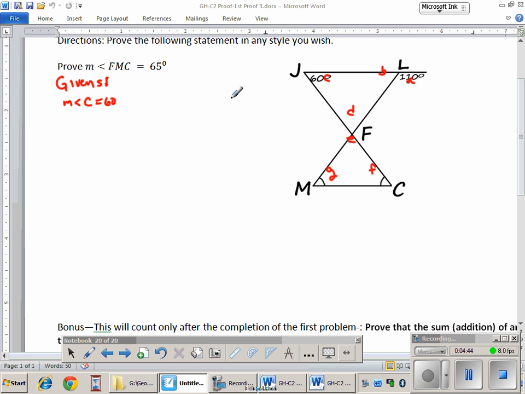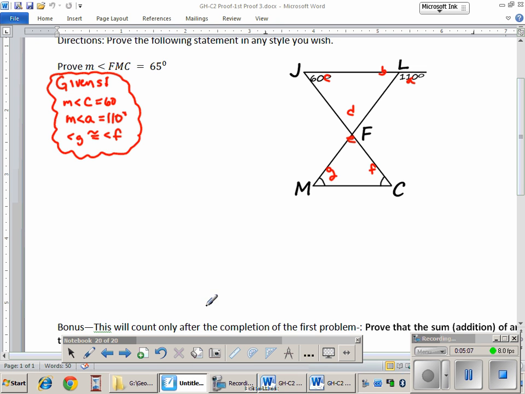I should also mention that the measurement of angle A is 110 degrees. And it seems to me angle G and F are congruent. So angle G is congruent to angle F. Now I don't know how much of that I'll use, but at least right now it's in my proof, and I can access it when needed.